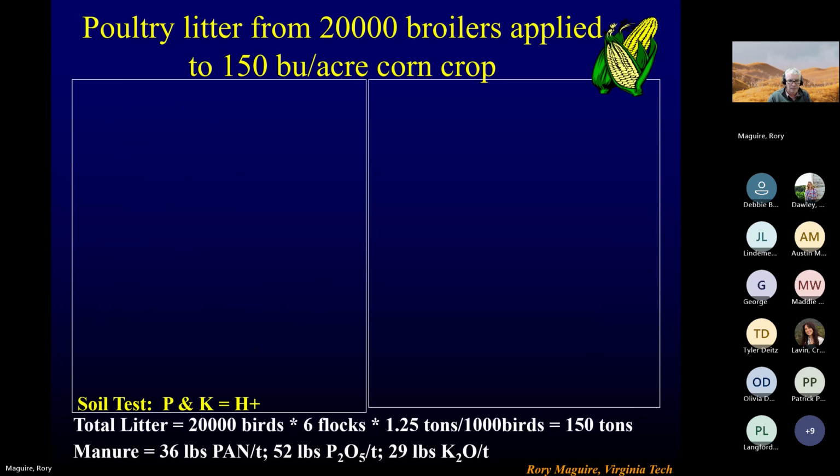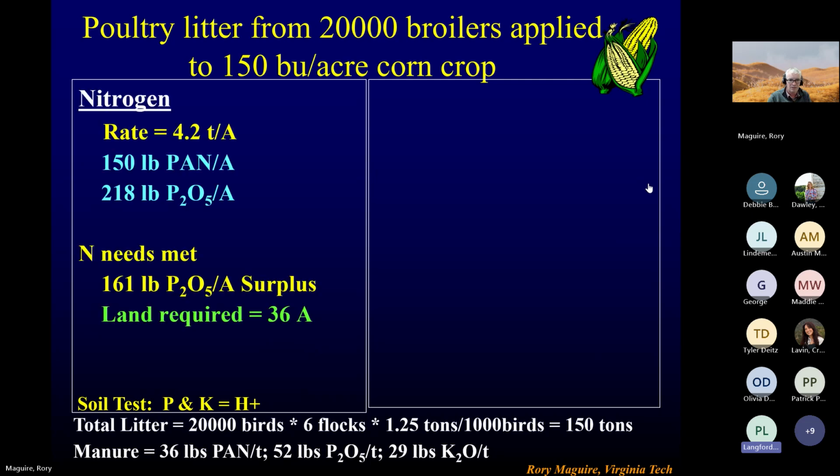And so what we're looking at here is another study where we had 20,000 broilers worth of poultry litter applied to a corn crop at 150 pounds per acre. If you look at the bottom here, we've got 20,000 birds, 6 flocks. We're adding 1.25 tons per 1,000 birds, which equates to 150 tons.